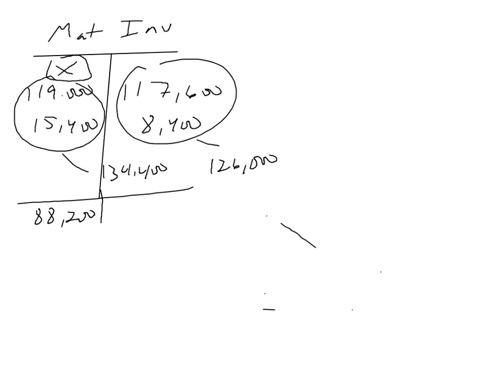Okay, and from here we're going to do a simple algebra equation. So we know that x plus 134,400 minus our credits of 126,000 is going to give us an ending balance of 88,200.